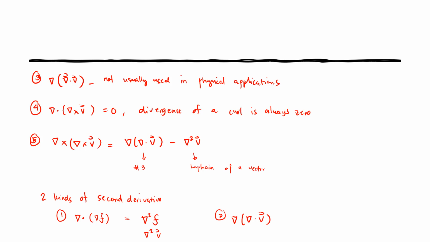So the first one is this, and then the second one is this one, the Laplacian of a vector. Okay, so the Laplacian, and then we have here the gradient of the divergence.